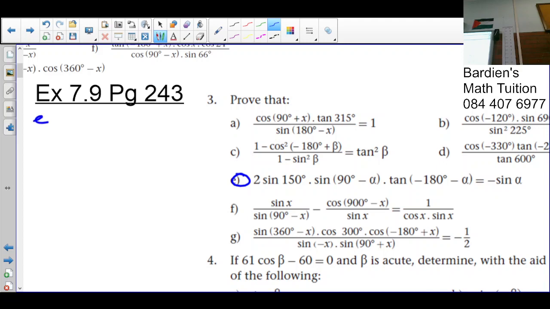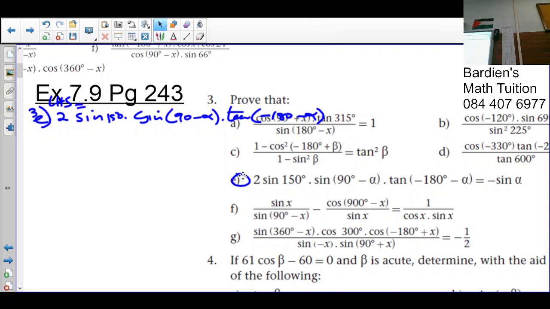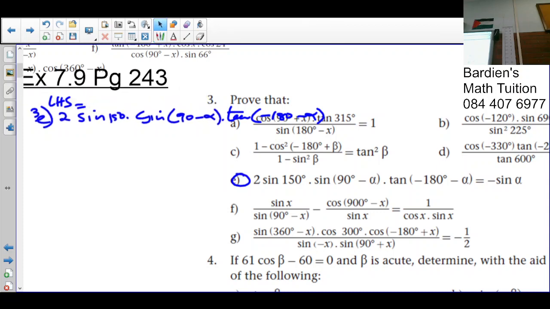So we've got 2 sine 150 times sine of 90 minus alpha times tan of negative 180 minus alpha. This is the left hand side. So 2 remains 2 for now.